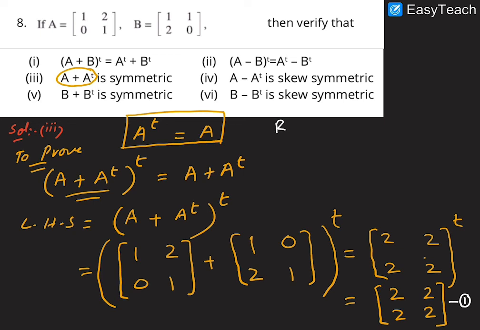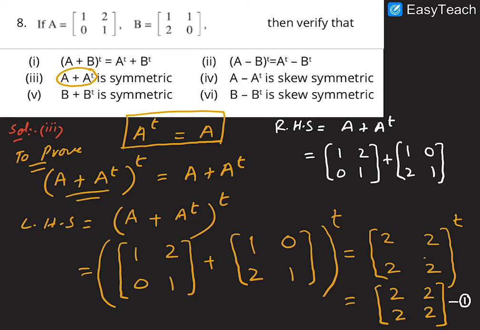Now we can find the right hand side. Right hand side is A plus A transpose, which is equal to A, 1, 2, 0, 1, plus A transpose, 1, 2, 0, 1. So when you add these two, you will get 2, 2, 2 and 2, which is the same as 1.